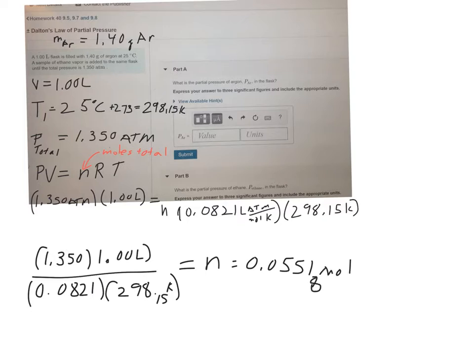And that's my total number of moles. So that's moles of argon plus moles of whatever the heck my other gas is, ethane.